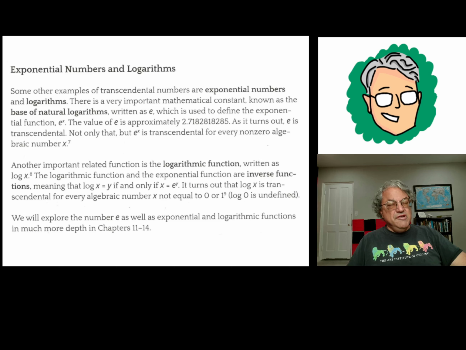The other numbers that turn out to be irrational and transcendental, as a matter of fact, include not just e, but e to the x for every algebraic number x. And you can use that fact to prove that pi is transcendental.